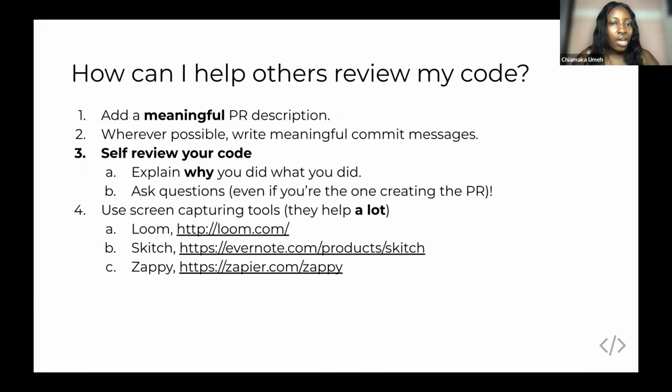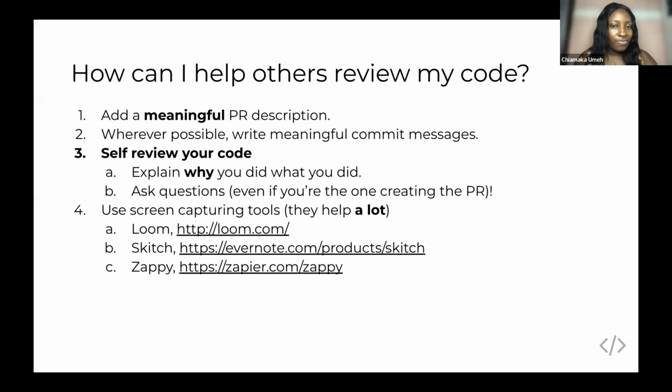All right, how can I help others review my code? By adding a meaningful PR description, like Reda just pointed out. It's really helpful, especially in real life scenarios at work. Sometimes we used to have up to 10, 15 PRs, and people are trying to review each and every one of them.